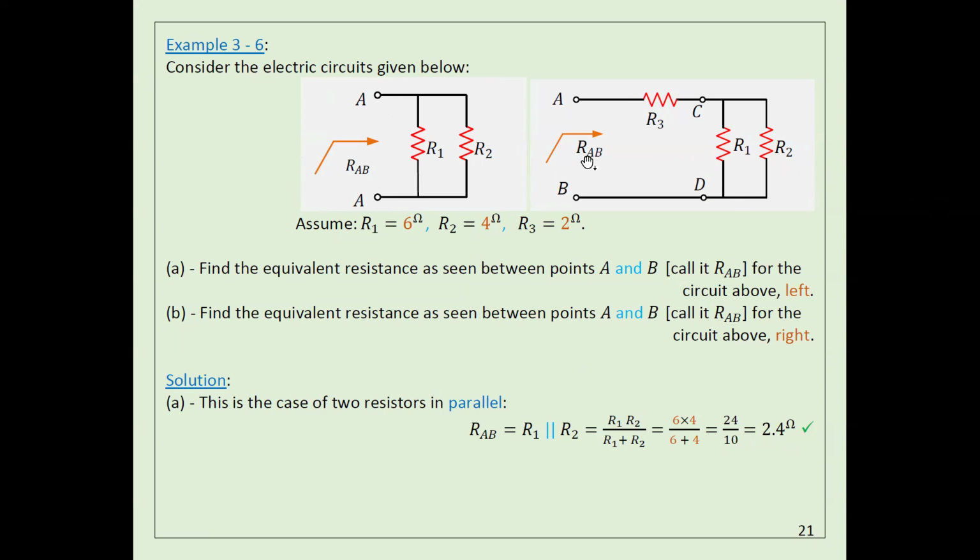Okay. Now let's see something like this one. Look, how can you calculate it again? Look what happens here. The current is going to come this way, and then this current is going to split between these two, and then come back here. So how can we calculate the total resistance this way?